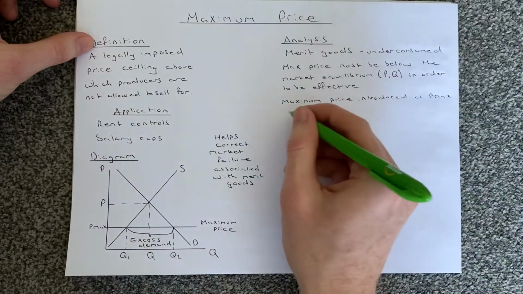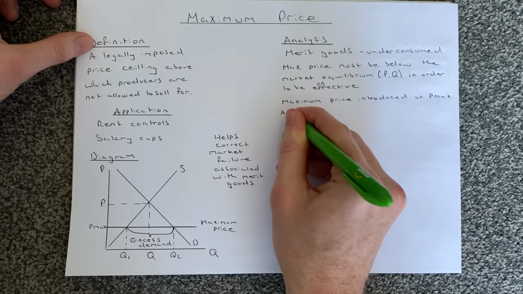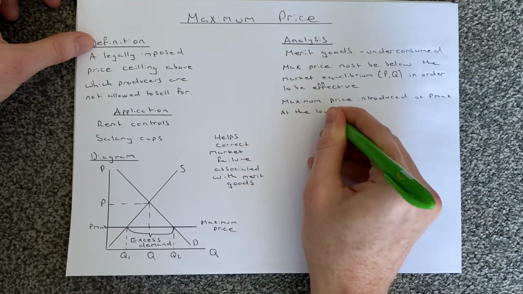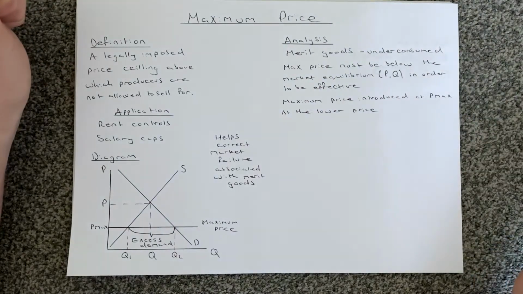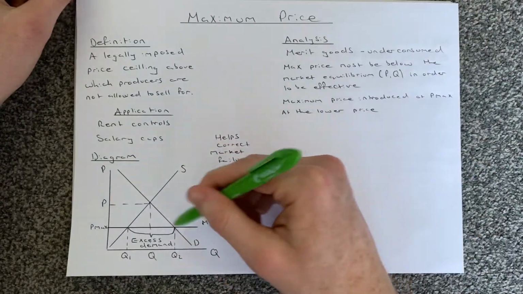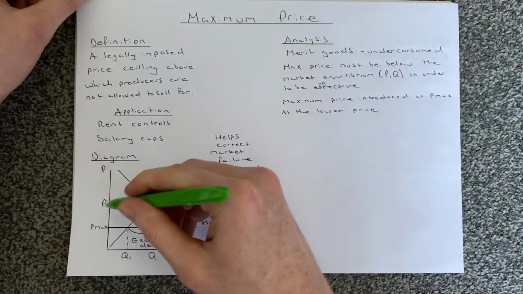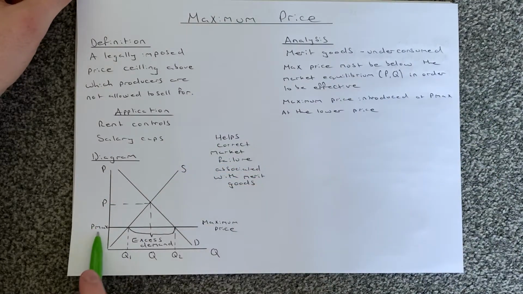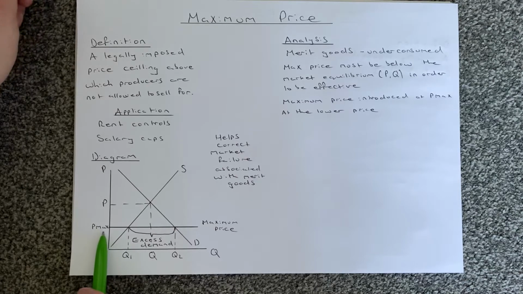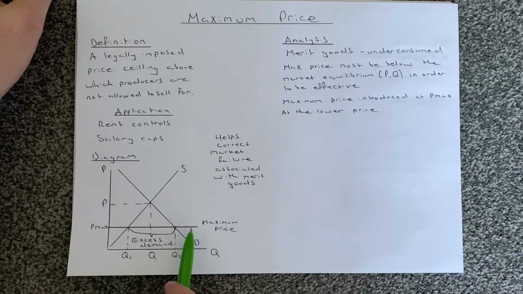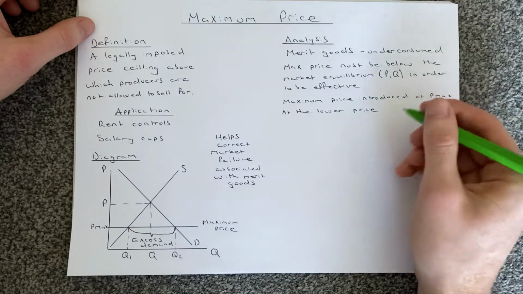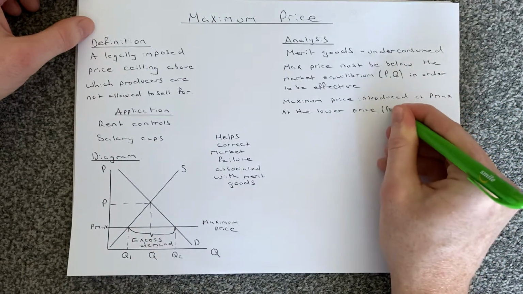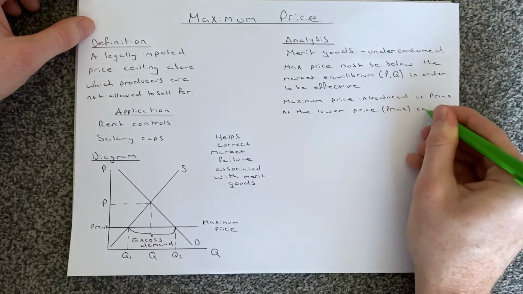So at the lower price, let's focus first of all on consumers. Obviously the demand curve relates to consumers. The maximum price means the price is now lower, which would mean that consumers are more willing and able to buy this particular product.